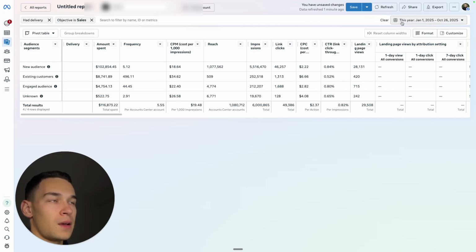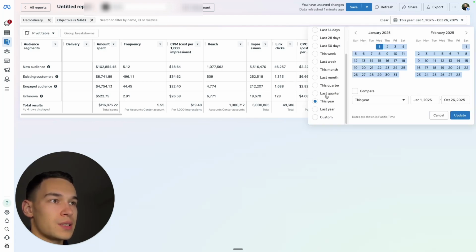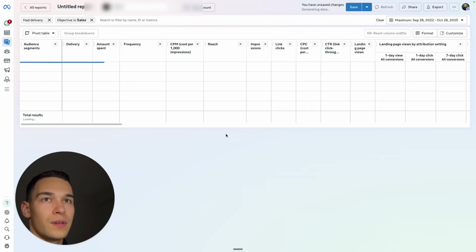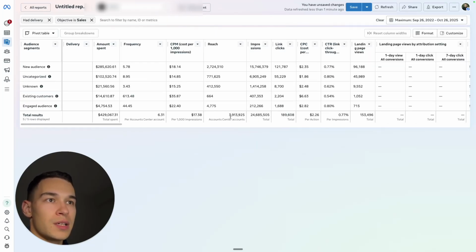Let's do now this. Let's select last year. No, let's do maximum, right? And the maximum reach is 3.9. Since 2022, 400K spent. So probably they're running ads for like 3-4 years. Let's now do this thing.